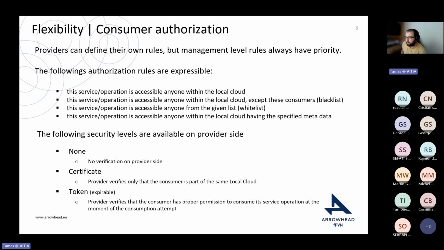Now in version 5, the providers will be able to define their own rules as well. But if there is any management-level authorization rule for that specific consumer or provider, then it will always have priority.